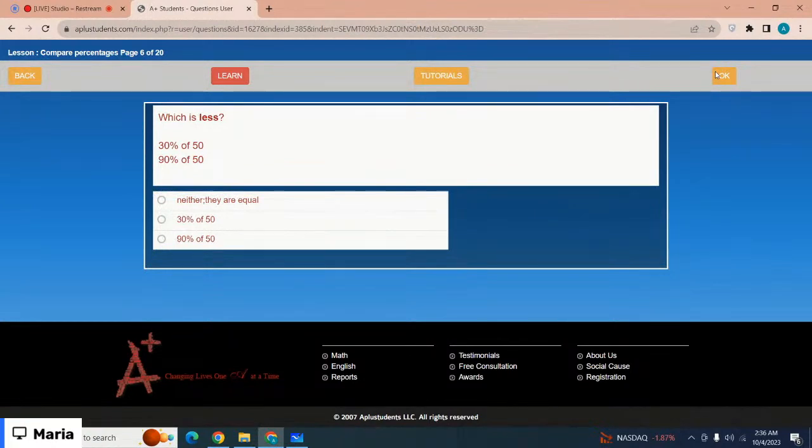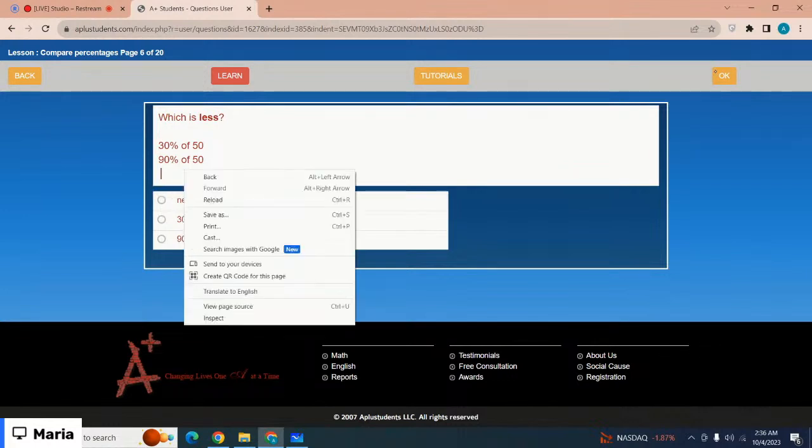Which is less, 30% of 50 or 90% of 50? You have to calculate the value for the same number, right? The number is the same, 50. Just look at the percentage, 30% and 90%. Obviously 30% is less, right?